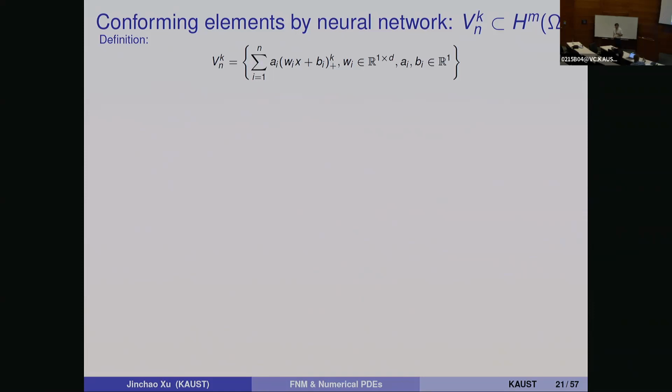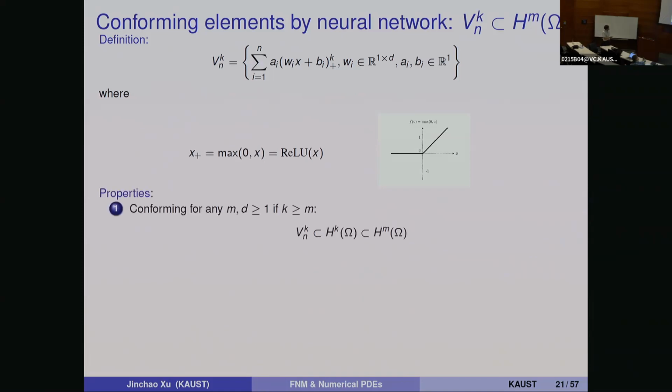If you do H2 in 3D, you need ninth order polynomials. But here, what I do is trivial. I use this ReLU to the power k. You take the positive part. It turns out that if k is greater or equal to m, it's automatically in there. So this is totally trivially conforming. I just get a piecewise polynomial of degree k for H^m.